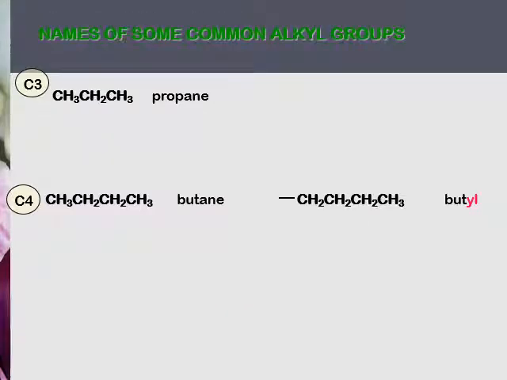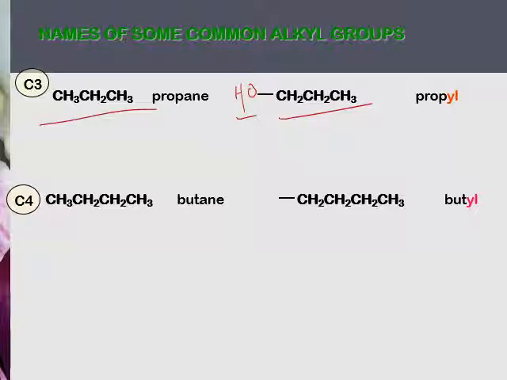In this slide, we go over some of the common alkyl groups that you learned in Organic 1, but you are also going to see them in this chapter. When you have an alkane, but one of the hydrogens is replaced by an atom or a functional group, it becomes a substituent or a group. For example, propane, you have 3 carbons, but if a hydrogen on the first carbon is replaced by hydroxy, this is a substituent called propyl.